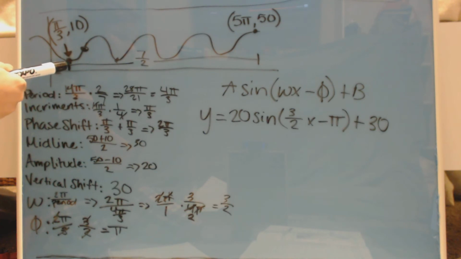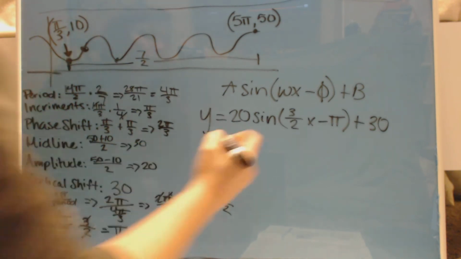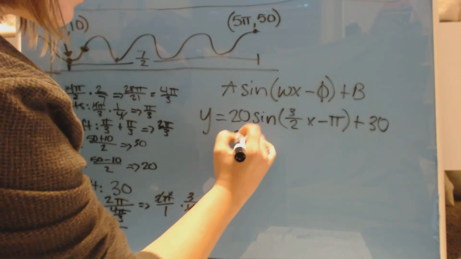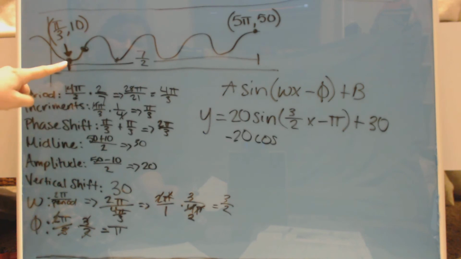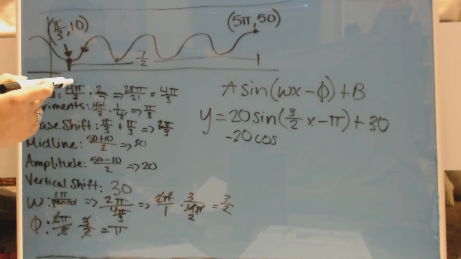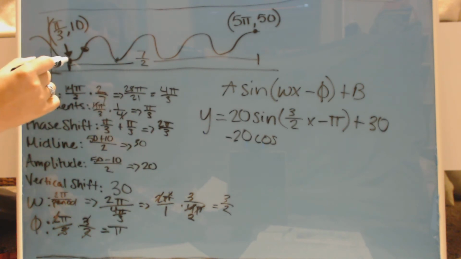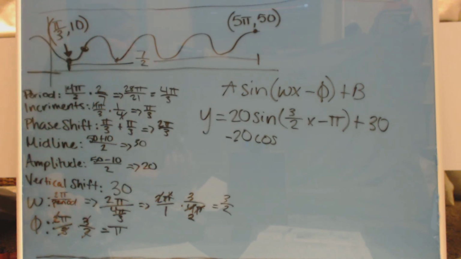Take a point that you're given, and make it a negative cosine graph, so it could be negative 20 cosine. We all know that cosine originally starts at the top going down. Since the point that we're given right here is at the bottom going up, we'll just make it negative. That's really super simple and easy.